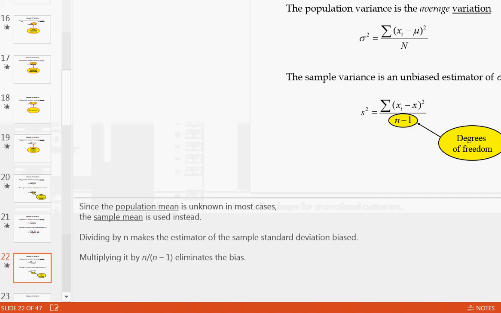The difference between VAR.P and VAR.S in Excel is that VAR.P divides by N, while VAR.S divides by N minus 1. You divide the sum of deviations squared by N minus 1. Those are your degrees of freedom.